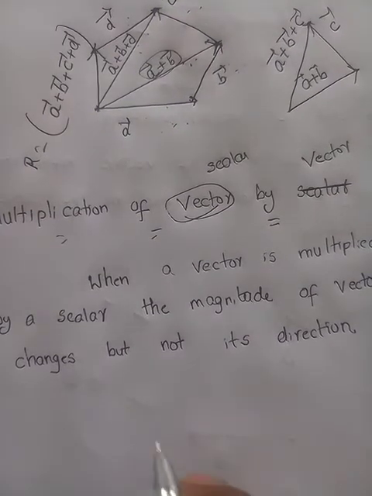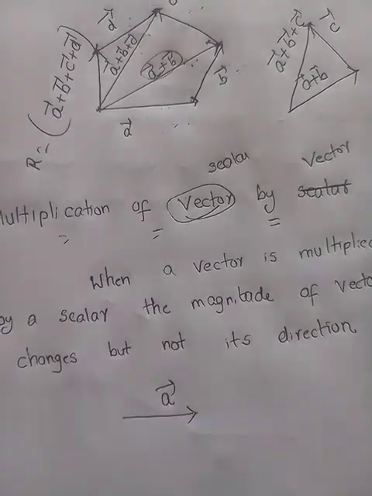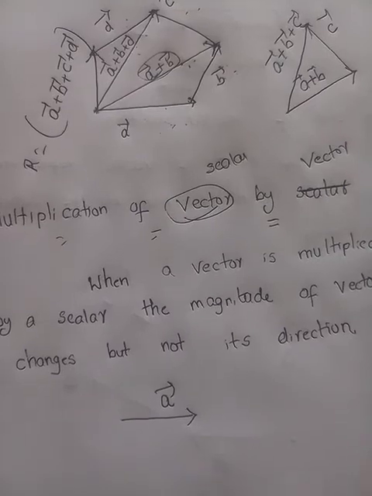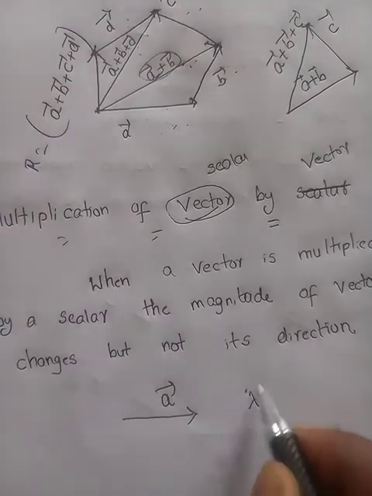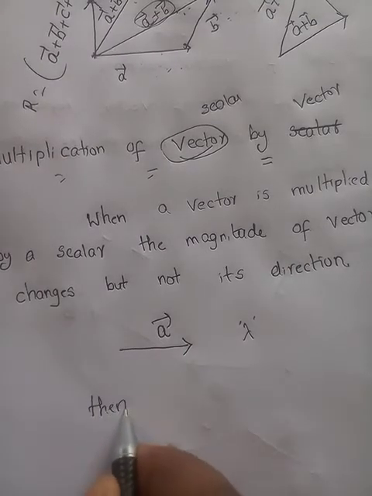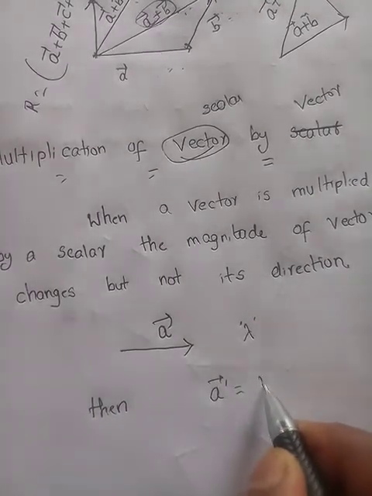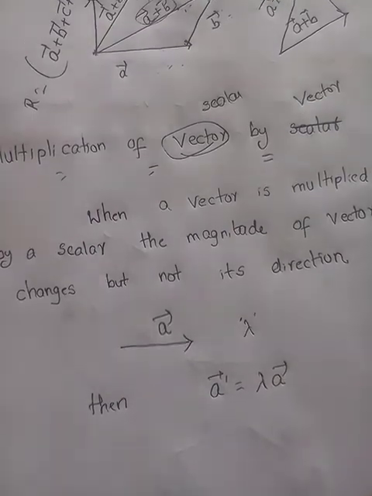Let us consider there is a vector a bar. I multiplied this vector with a scalar called lambda. Then the resultant a dash is equal to what? Lambda times a bar.